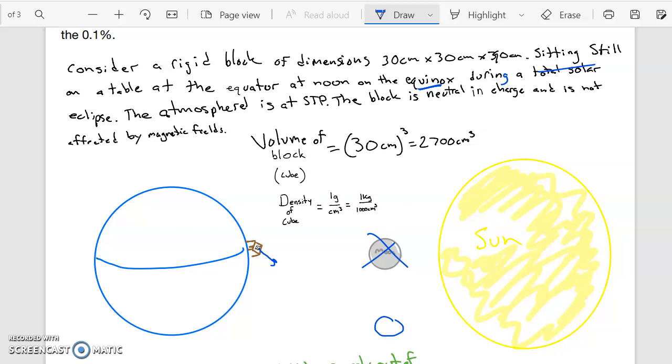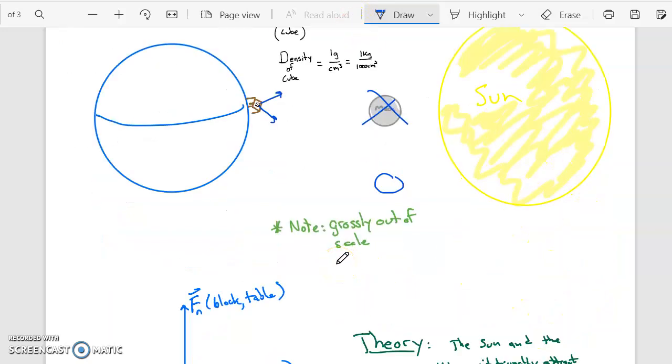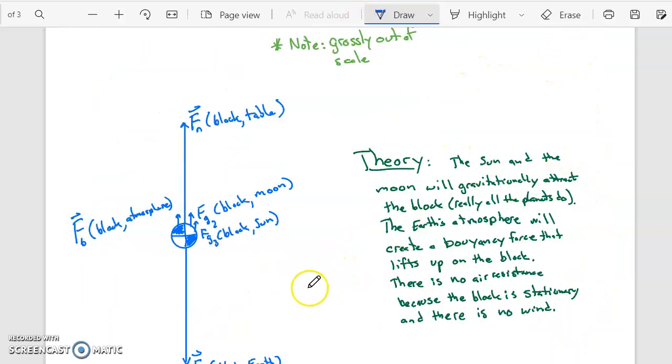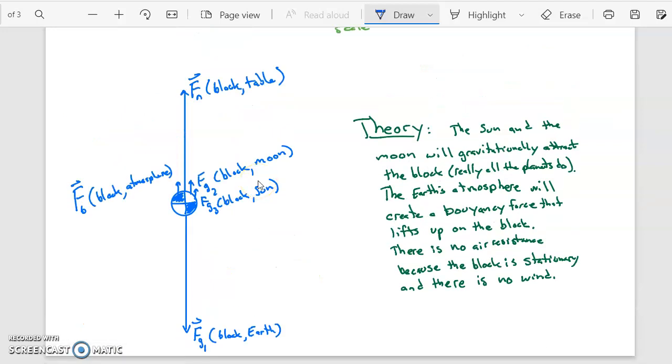Likewise, if it's not noon, the sun is not overhead, and again, it's pulling it off in some random direction like this. So the simplification we've made here is at the equator during a solar eclipse. Any other time of the year, and all of a sudden, this force and this force are no longer vertical forces. They are going to be non-vertical forces, and that changes the situation.